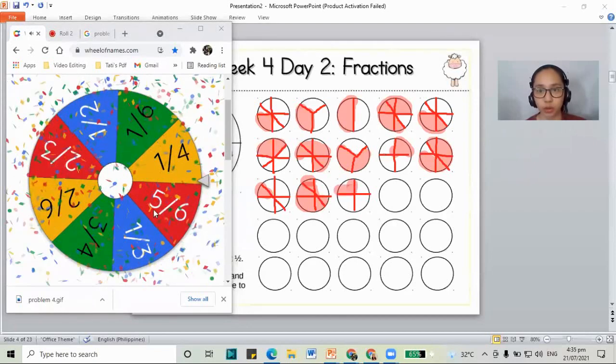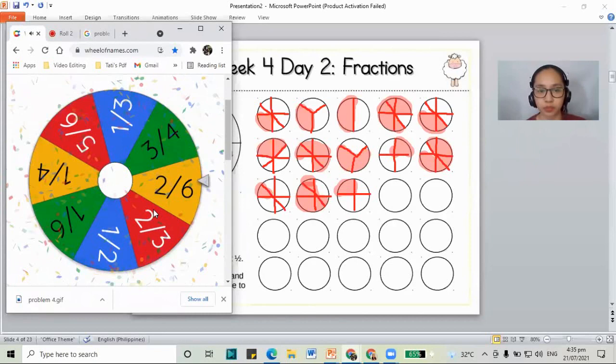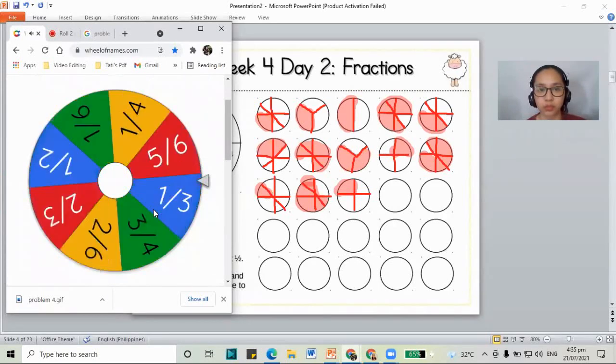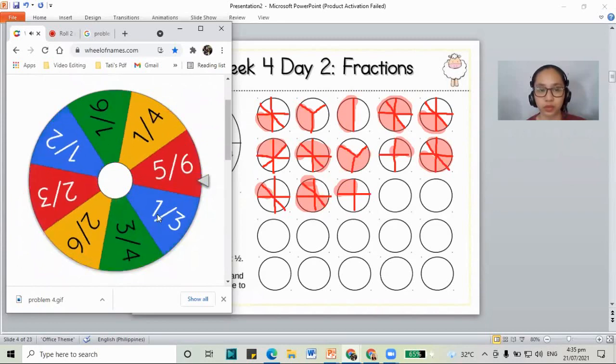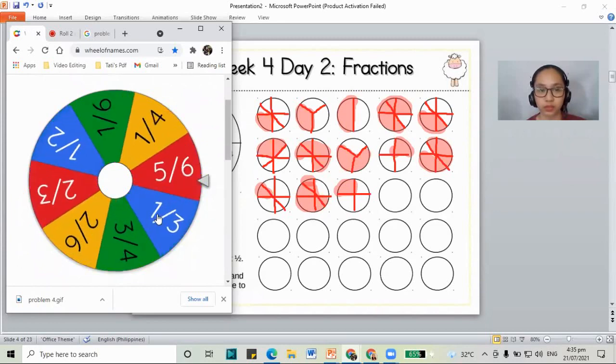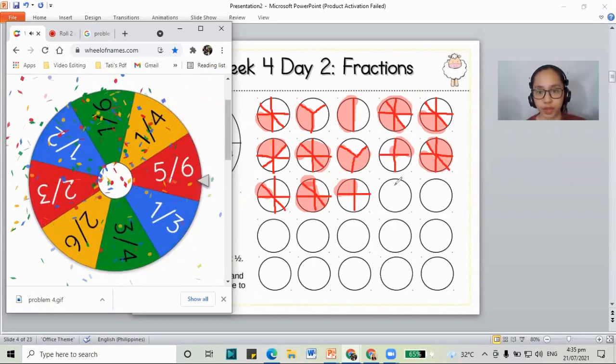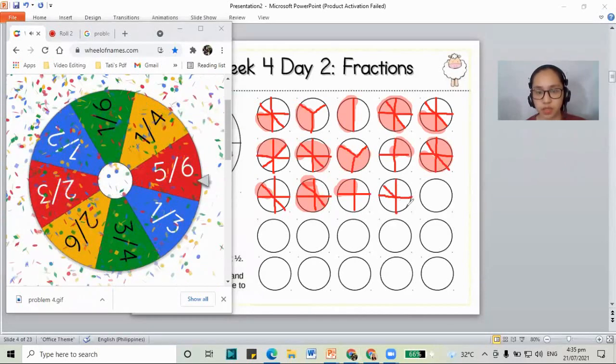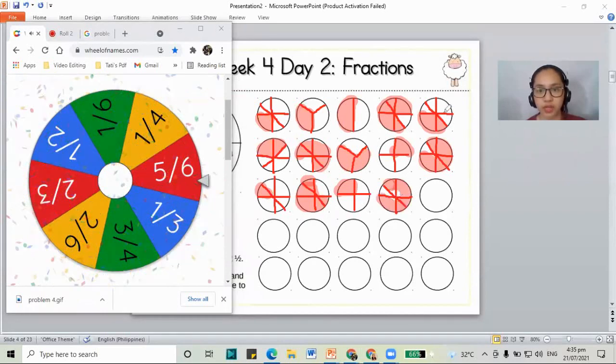That's 1/4. We have 5 over 6 again. Remember, 6 parts. And we have to color the 5 slices here to leave 1. 5 over 6.